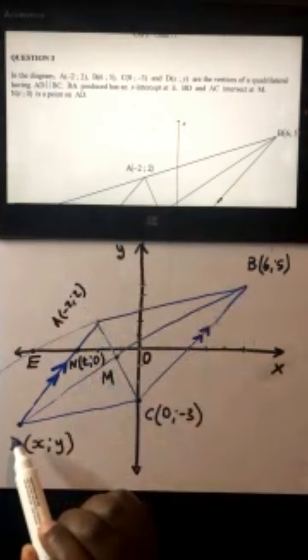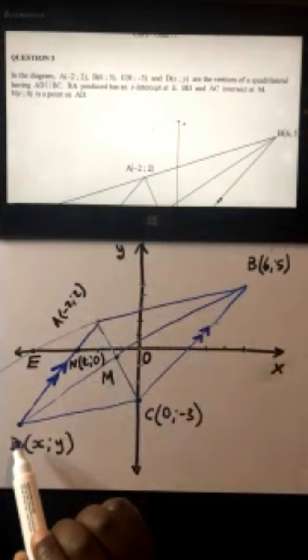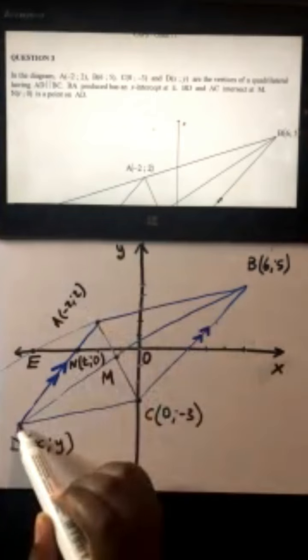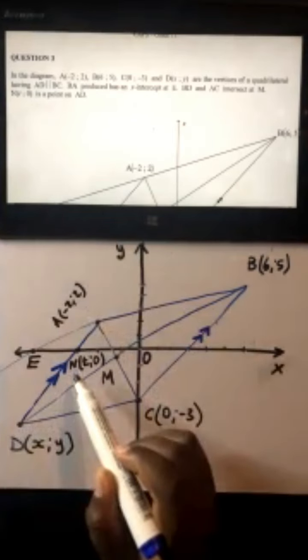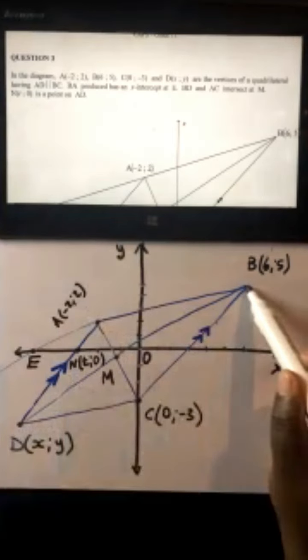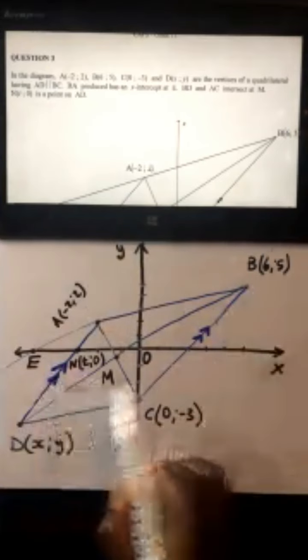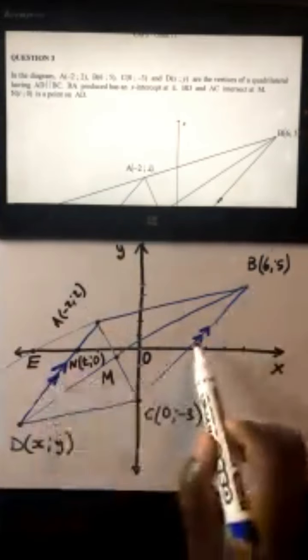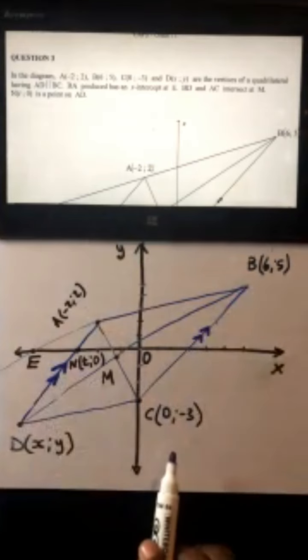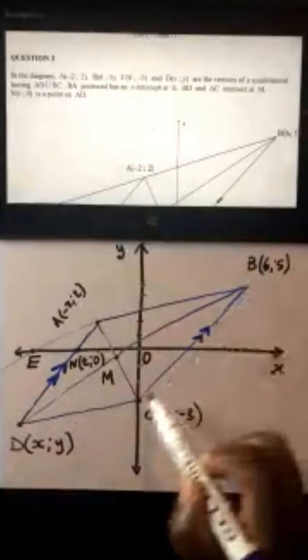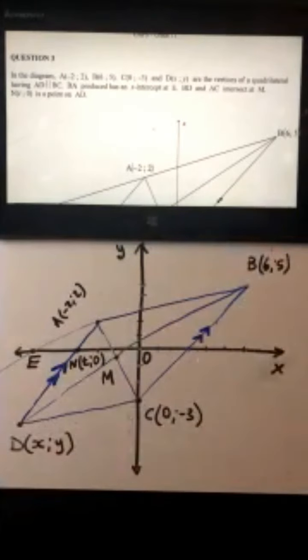So those are the corners A, B, C, and D. These are the vertices of a quadrilateral having AD parallel to BC. So ladies and gentlemen, those two arrows are a confirmation that AD is parallel to BC.